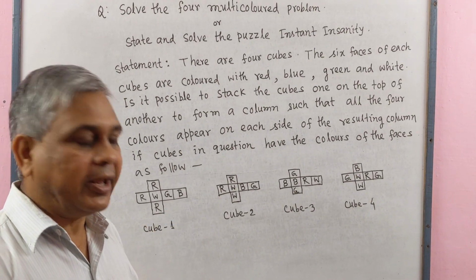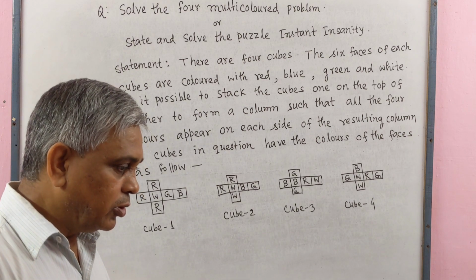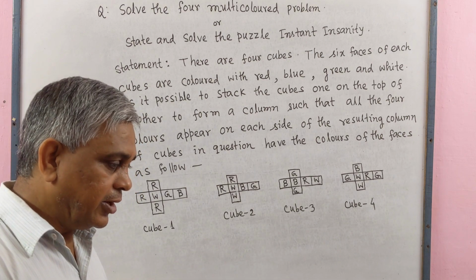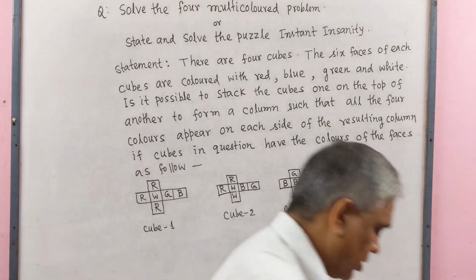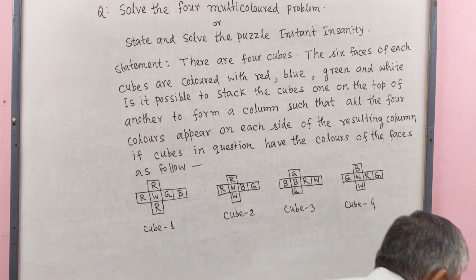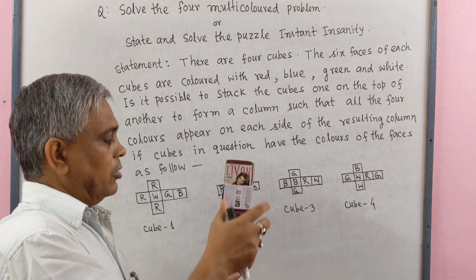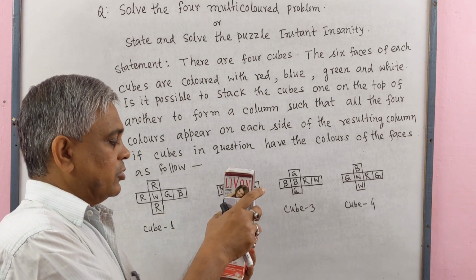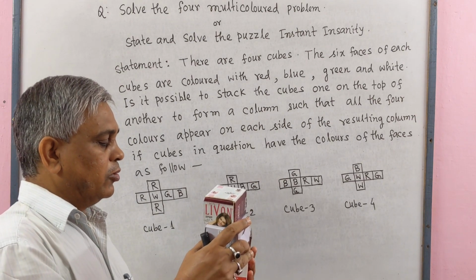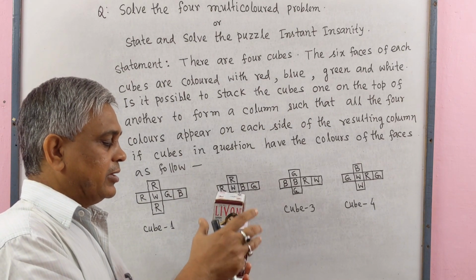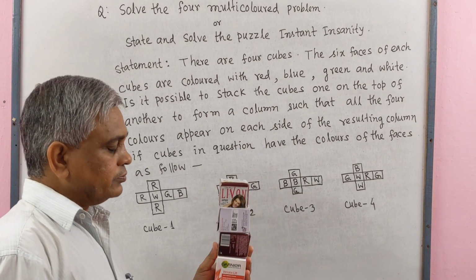Cubes will be arranged one cube below and then another cube, then another cube, like this. These are the four cubes. First, this is one cube, then we place another cube on the top, then we place another cube on the top, then we place the other cube.